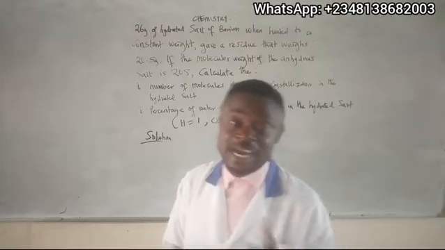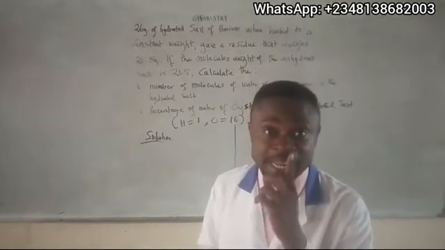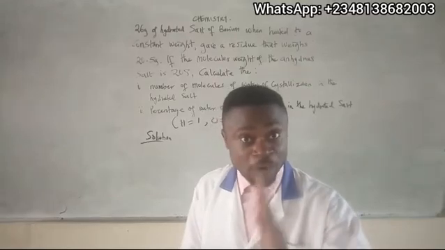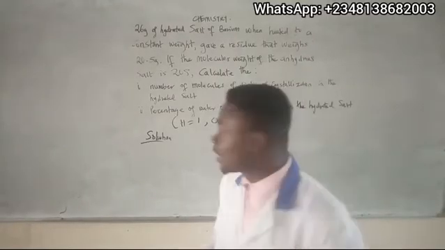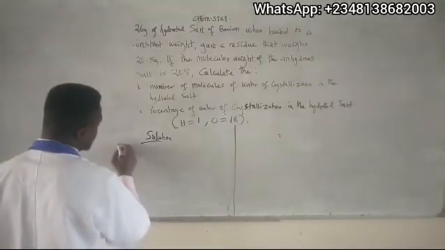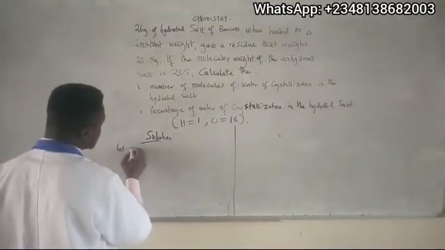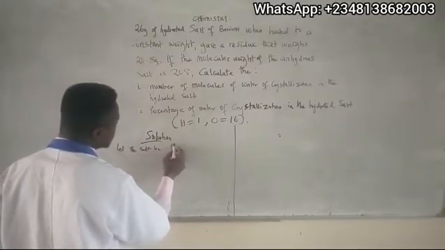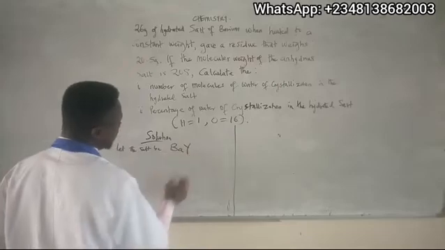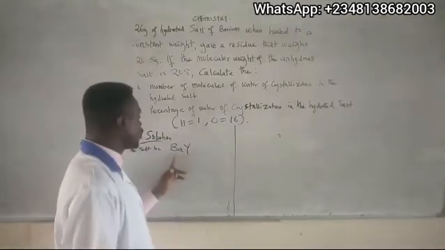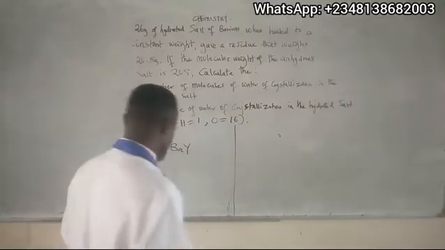Now we can represent the anhydrous salt, the one without water of crystallization, like this. Let the salt be BAY, barium Y. We don't know this part of the salt, so we call it BAY.